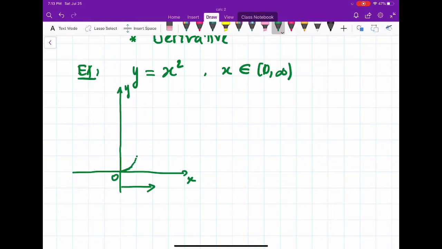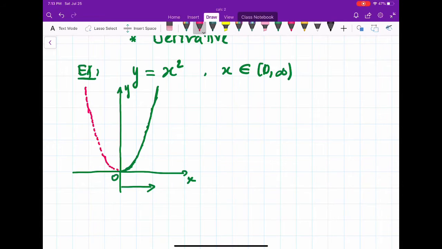I have the following graph, but at the same time, this function is an even function, so its graph is symmetric with respect to the y-axis. So you have another branch.